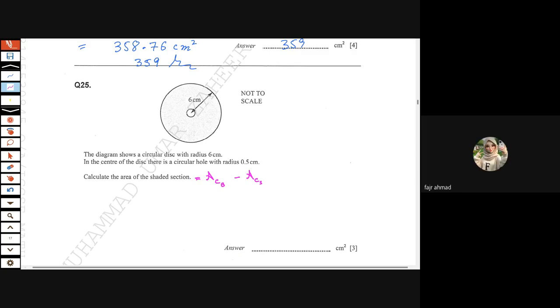Sir, shall we send the picture or just tell you the final answer? It's a simple question. 112.3? 112.3 centimeter square. Yes, that is the right answer. Is there anyone who is getting a different answer?